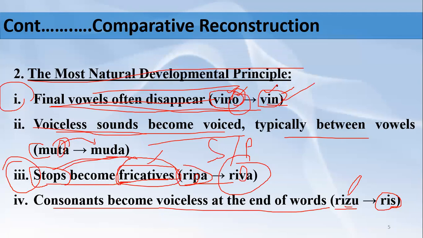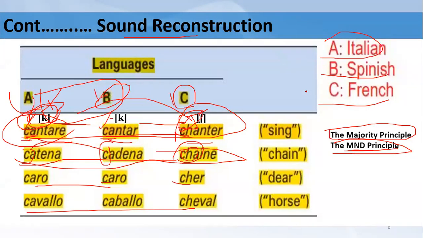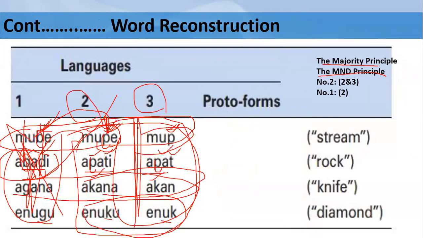Fine. So we can infer from this that words which have got the final vowel sound must be the original form, the proto form, and words in which the final vowel sounds have disappeared must be the later forms, the modern forms. So if you look at these examples, here we have got the sound, fine, mope. Here it has disappeared.